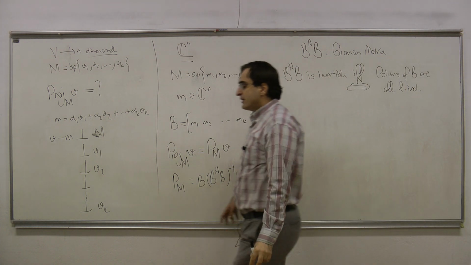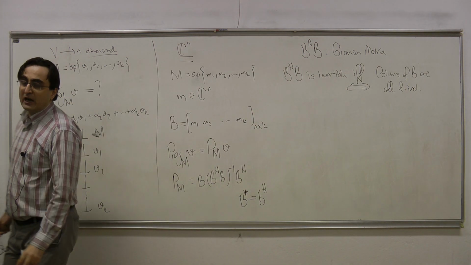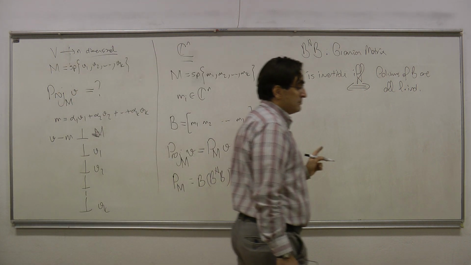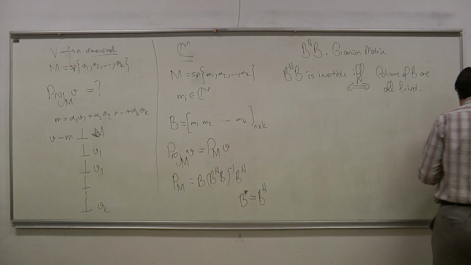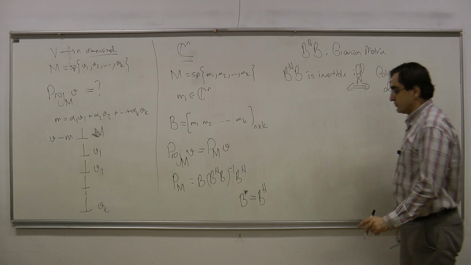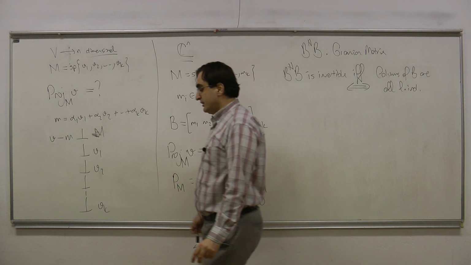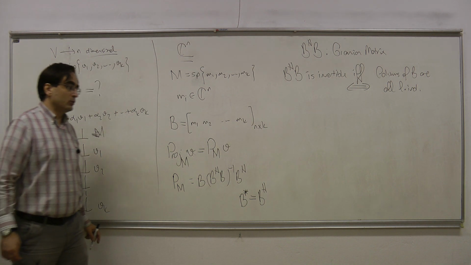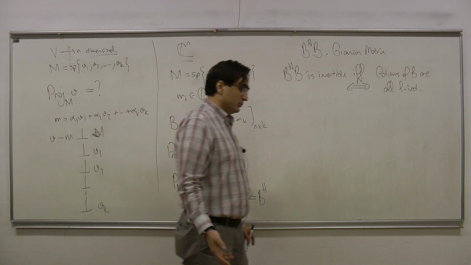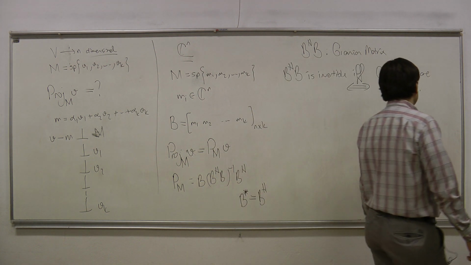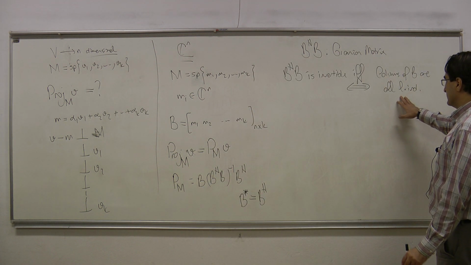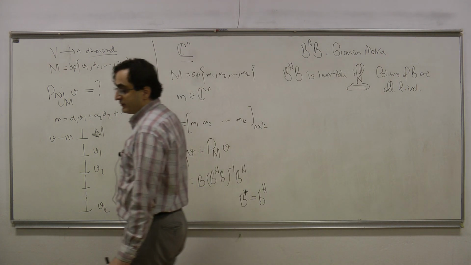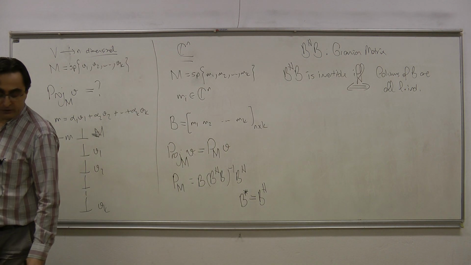We are going to see that this means actually that B is full column rank. That is the name, or the qualifier, given to B having linearly independent columns. When I say that B has full column rank, it means that all columns of B are linearly independent, and B Hermitian B in that case is an invertible matrix.